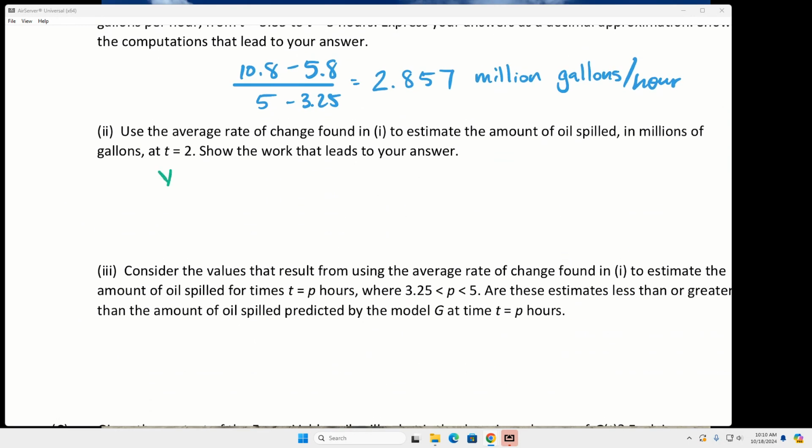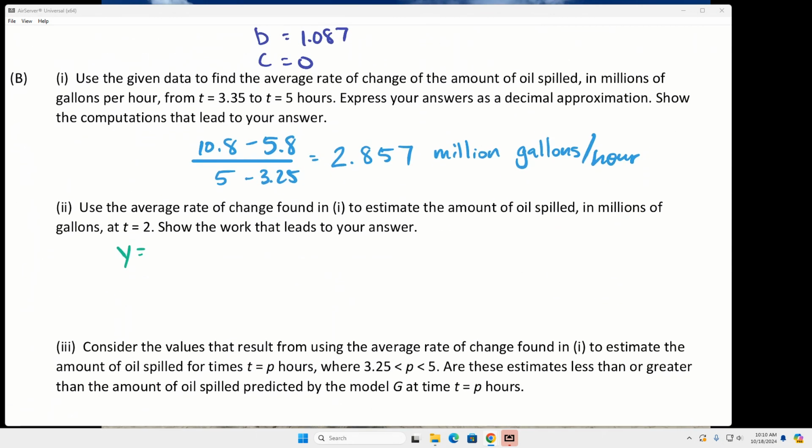So it's going to be y equals, and the output for 5 is 10.8 plus our average rate of change times t minus 5, that input value that we decided to use. All right, and then we want to find y of 2.